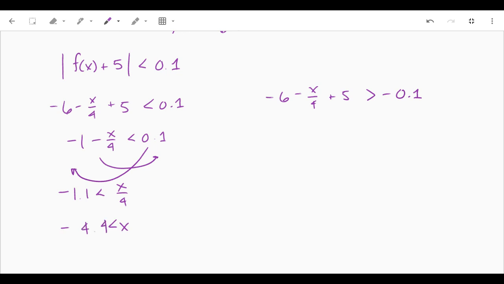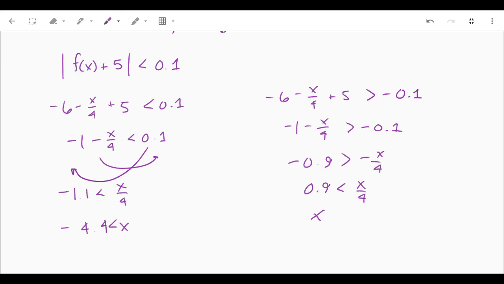Okay, and then over here, negative 1 minus x over 4 has to be greater than negative 0.1. So negative 0.9 has to be greater than negative x over 4. We can divide by the negative and flip the sign. Okay, so x has to be, where I lost a negative somewhere, didn't I?